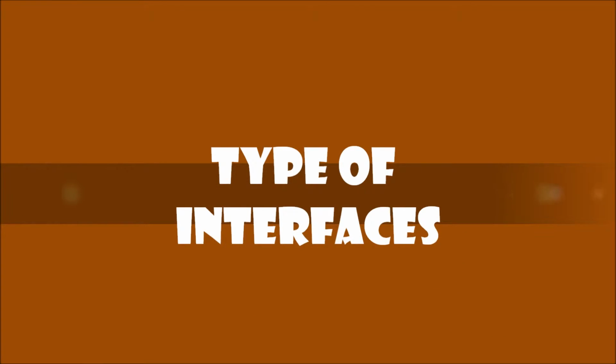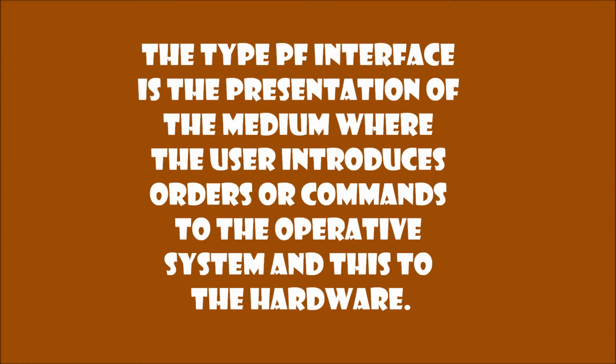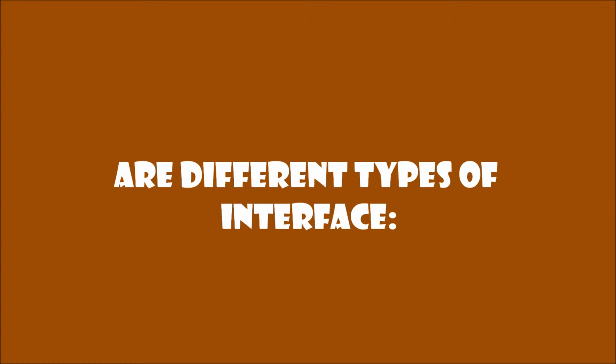Types of interface. The interface is a presentation of a medium where the user introduces orders or commands to the operative system, and these to the hardware. There are different types of interface.